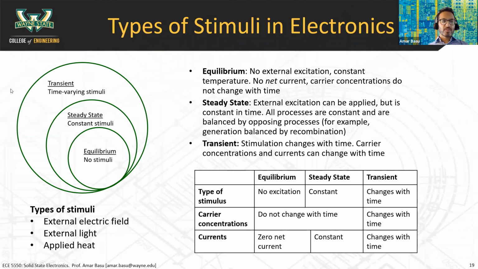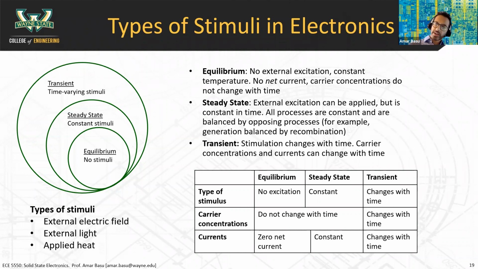The final situation, the most general case, the largest circle on the Venn diagram, is the transient situation. This is where you have a stimulus, but that stimulus can change with time. An example in mechanical engineering is where you are applying a vibration to a system, or you're just hitting a material with a hammer, and it's causing a time varying shift in the stress and strain.